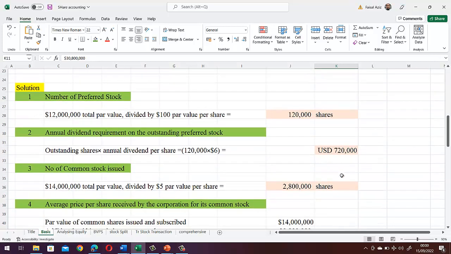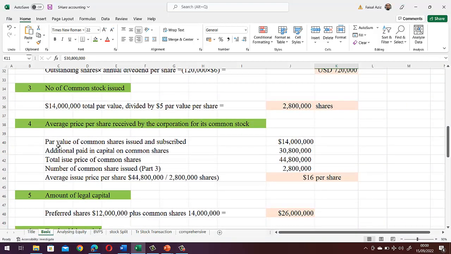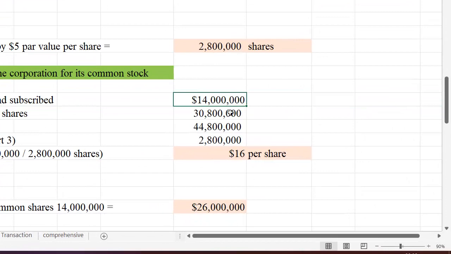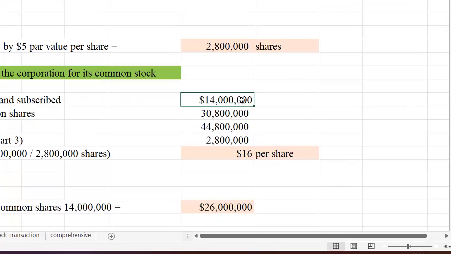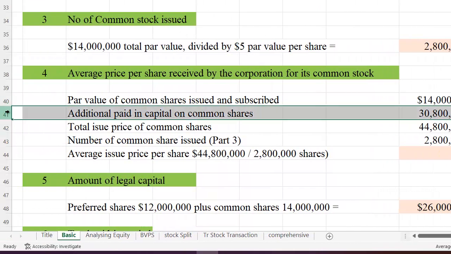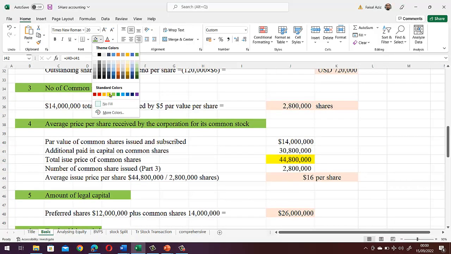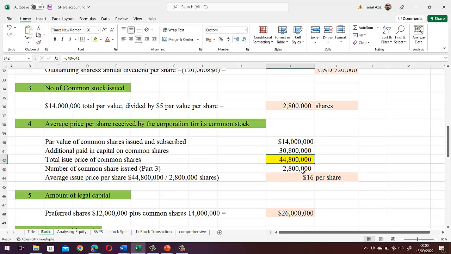So let's have a look here. Par value of a common share, which I have taken, this amount, 14 million, from the stockholders' equity. Then comes additional paid-in capital. Again, I've taken this amount from the same stockholders' equity section, and after adding these two, we get 44.8 million. So this is basically the total amount which the company has collected after selling its common stock.